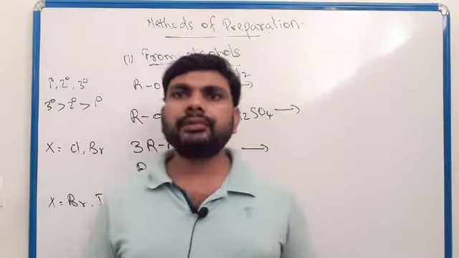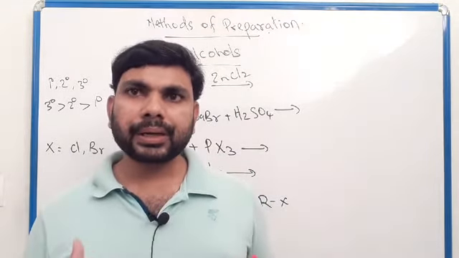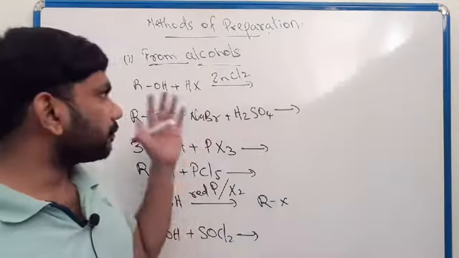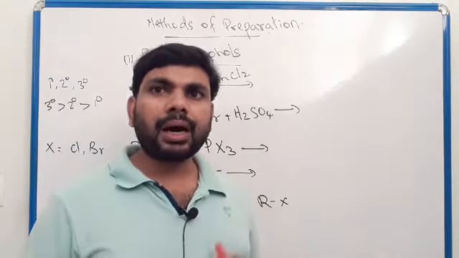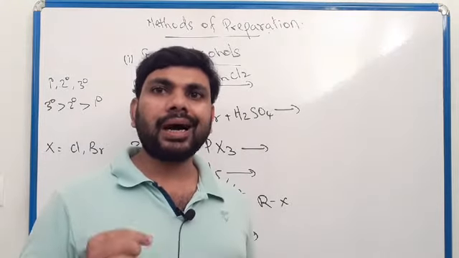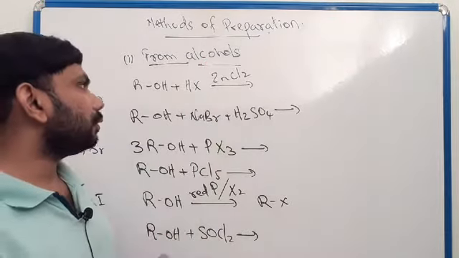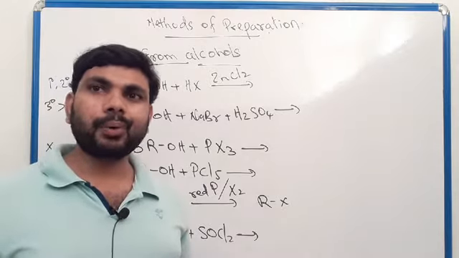Okay, next we have to discuss the preparation of haloalkanes. These are the different methods to prepare haloalkanes. First one: alcohol reacted with hydrogen halide, or you can say halo acid. HCl, hydrochloric acid, HBr, hydrobromic acid.